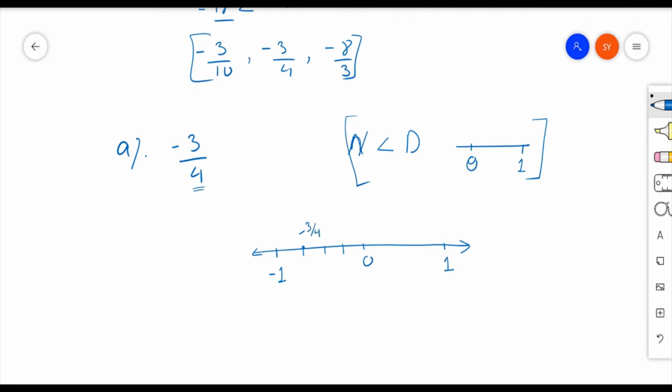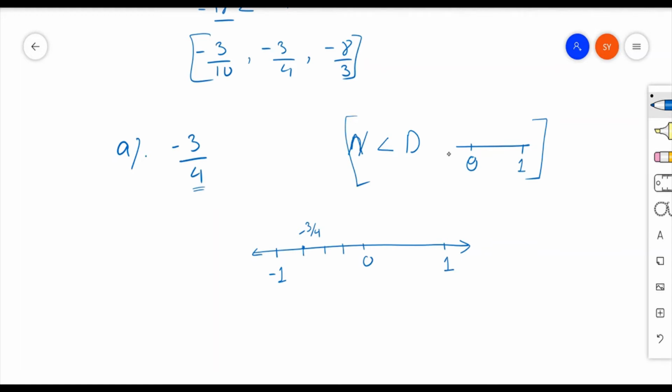So if you see what we did, first you have to check whether the numerator or the denominator is greater. If the numerator is less than the denominator, on the number line it will lie between 0 and 1. If it is negative, then it lies on the negative side. If it is positive, it lies on the positive side.